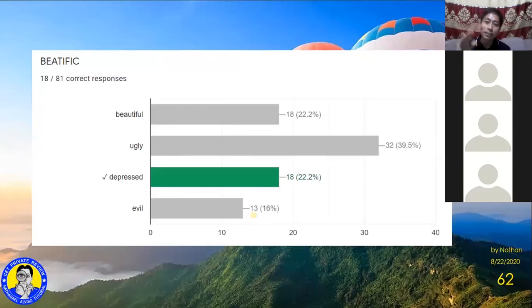So if you're not content with your life, you're not happy with your life, then the opposite of that is depressed. So that's the correct answer. It's not ugly, okay? It's not referring to physical appearance, such as beautiful. Beatific is with regards to your state of happiness.